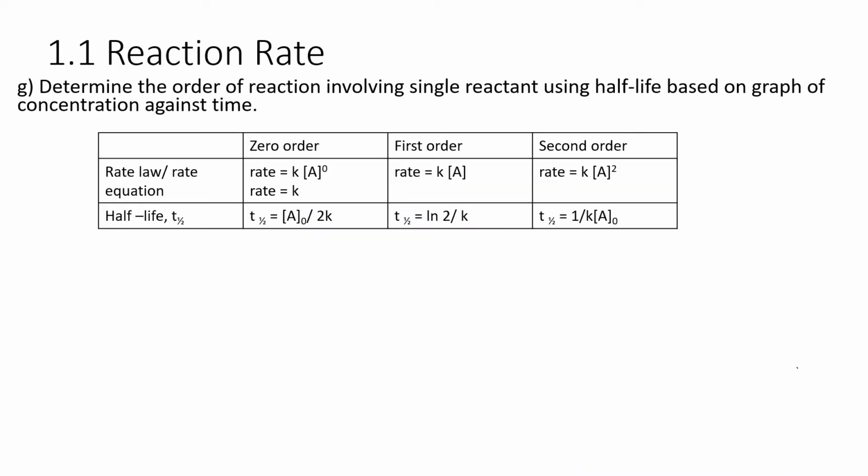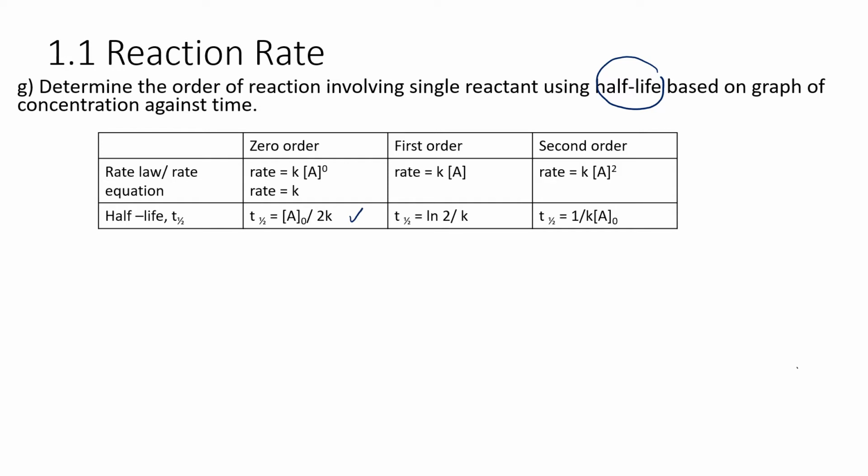Now we move on to look at how to determine the order of reaction based on half-life. For this, we need to remember the formula of half-life for zero order, first order, and second order, and also must remember the feature of half-life for each. For zero order, the half-life is equal to initial concentration divided by 2k.